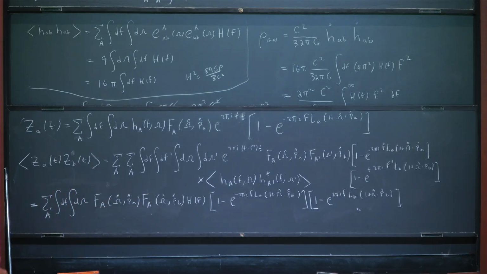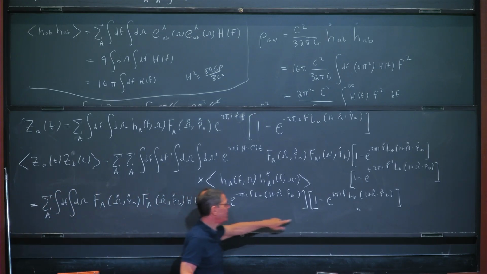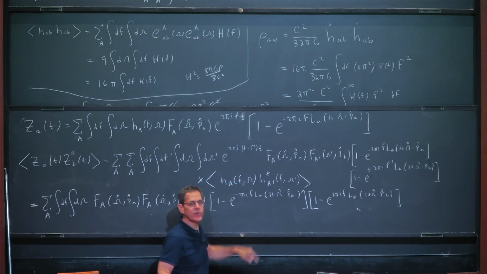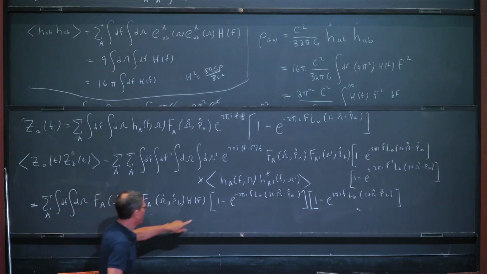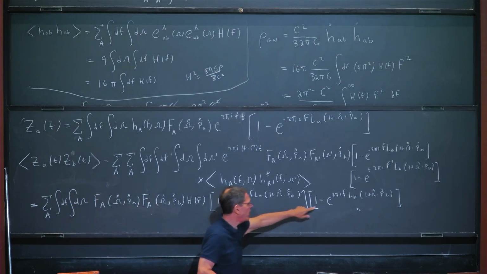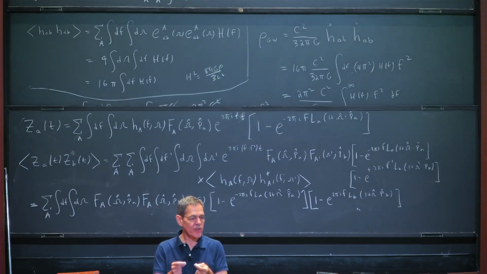What about the frequency dependence? Well, there's frequency dependence here in the H of f, and then in these two factors, the differences between the Earth and the pulsar terms. Now, the product of the 1 and the 1, that's frequency independent. That's the correlation between the two Earth terms.